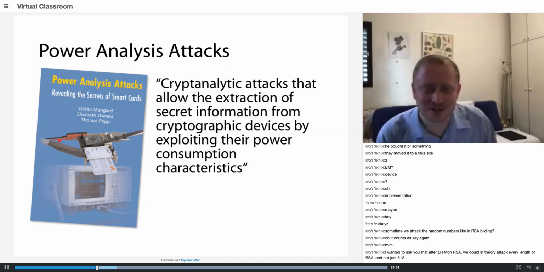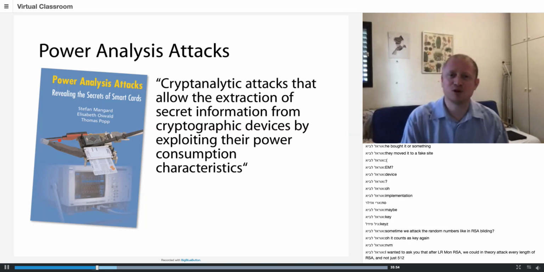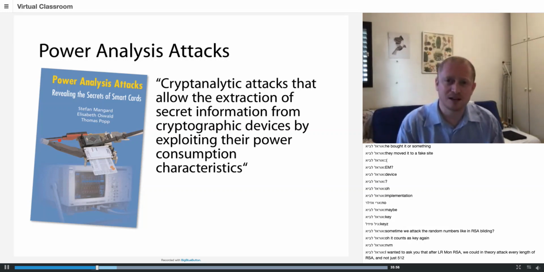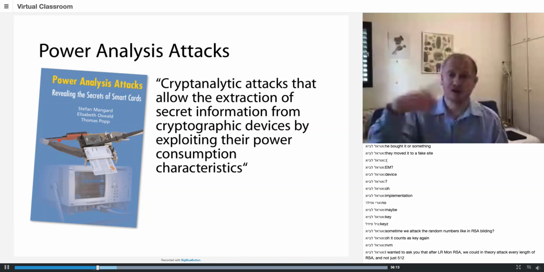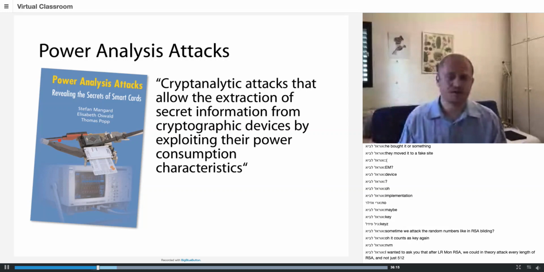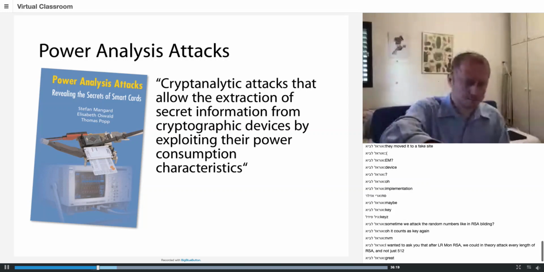Let's say you might not be able to attack a 1 trillion byte RSA, but there is a question of whether you would want to do that at all, because encryption is also very slow. But in theory, once you get power analysis done, and assuming there are no errors in your attack, then the length is not really effective. So let's continue.